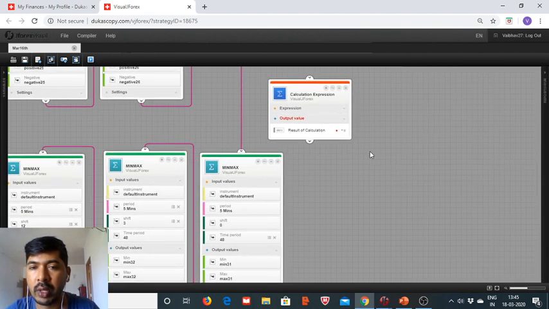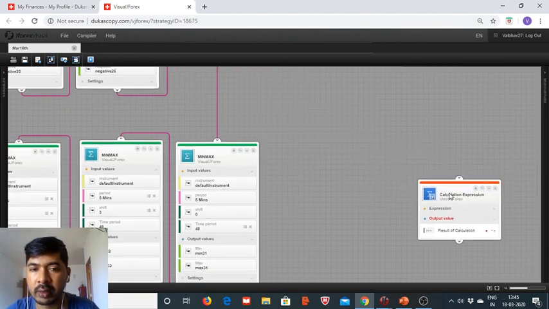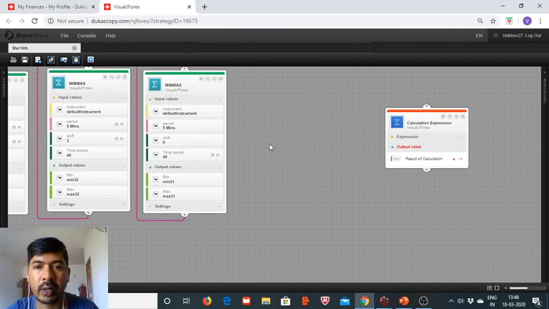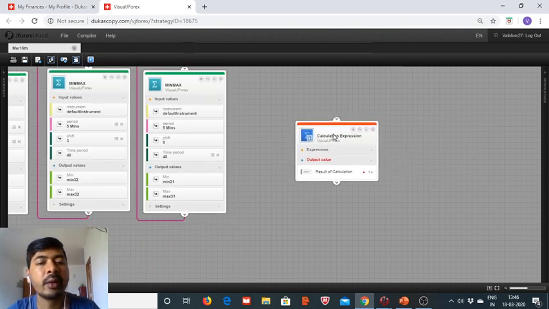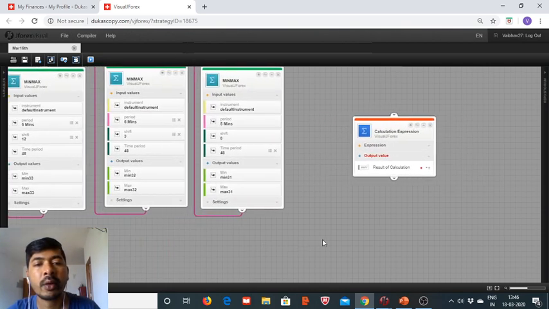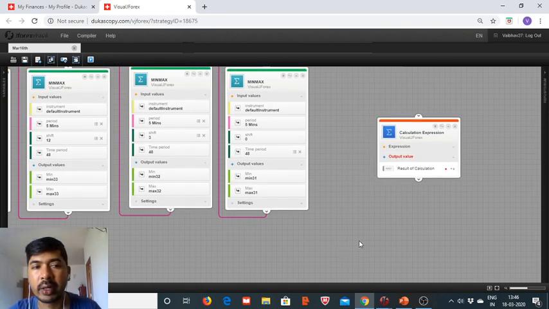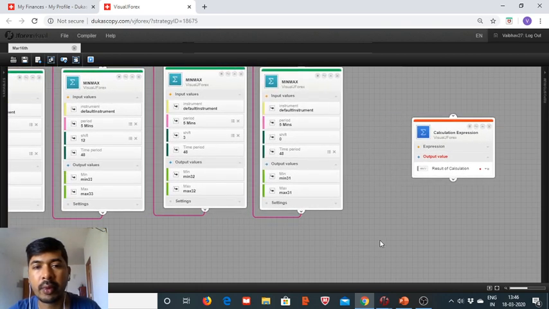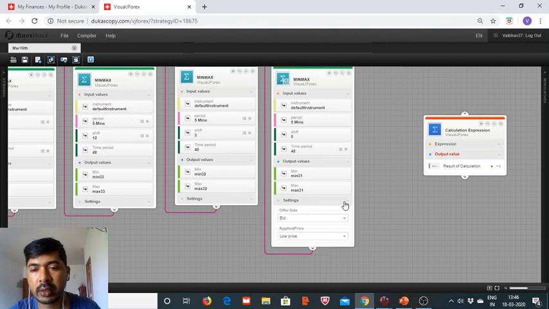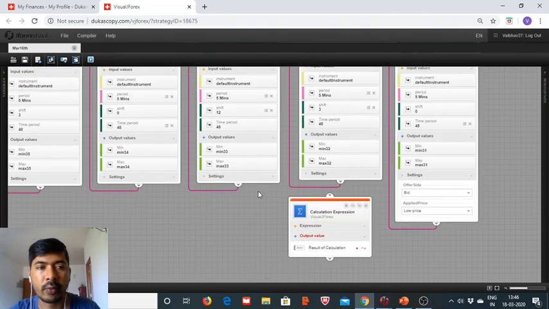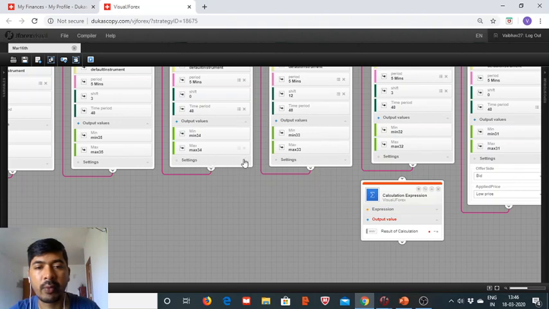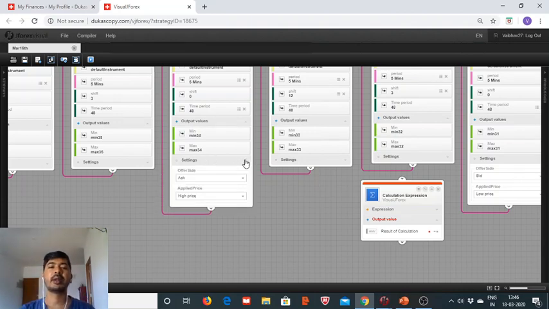So we do that. We take the current maxima value and the current minima value, and this is the low price, the bid. So we go for the current maximum value, and this is it.